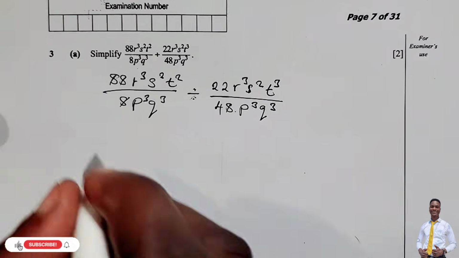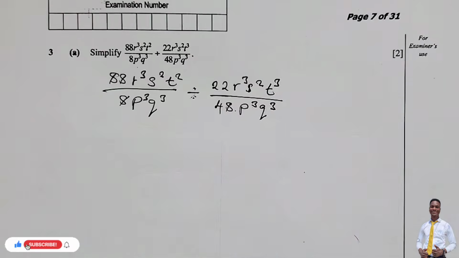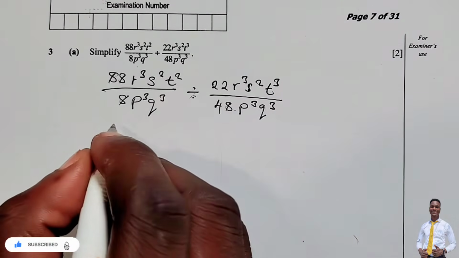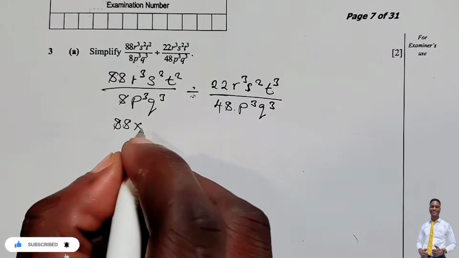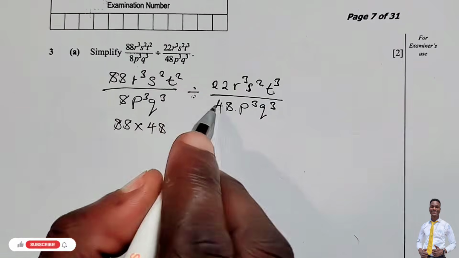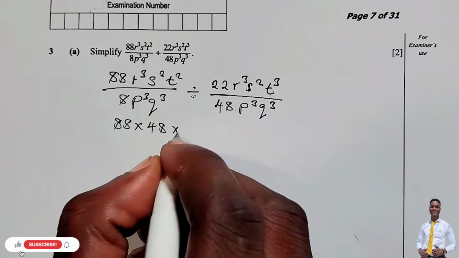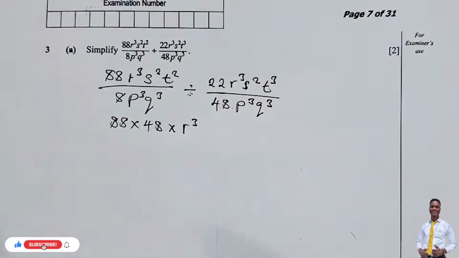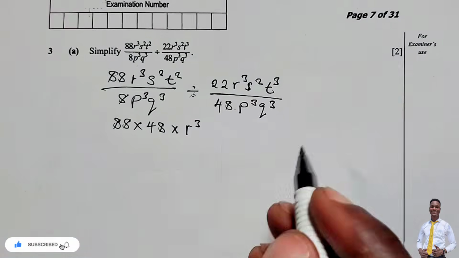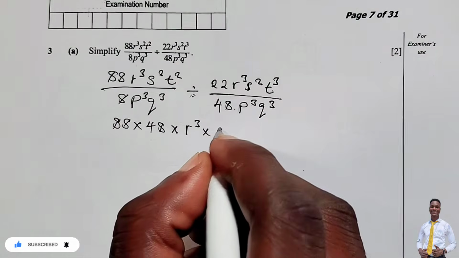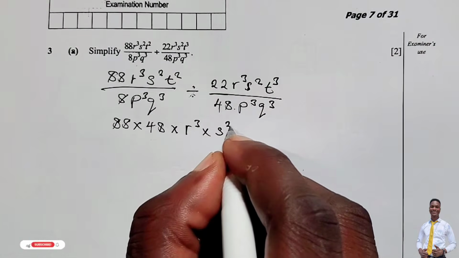It's easy as that. Now, this is what I always tell my students, that you group them so that you don't get confused. You have 88 times 48. So we've grouped numbers, this times r. So we have r to the power 3. Do we have r here? No, we don't, so it's fine. So we have s times s to the power 2.